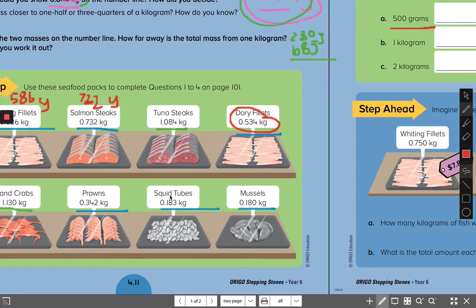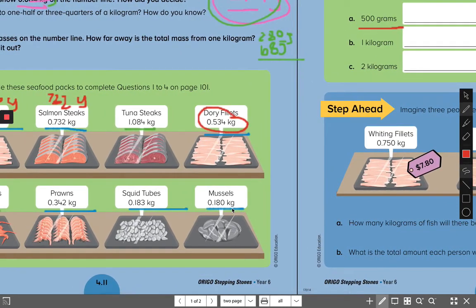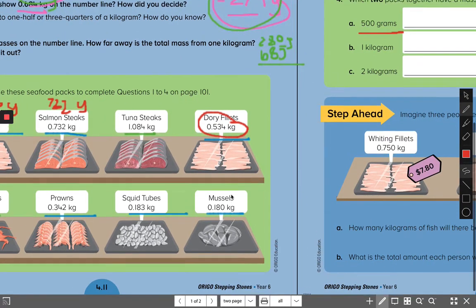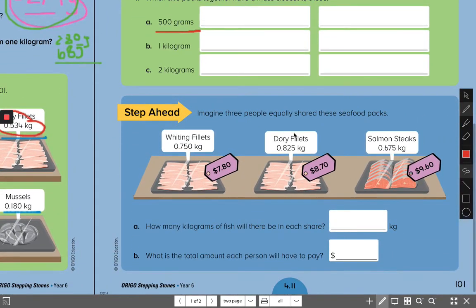I also can add squid tubes and mussels, and it will be something over 300, and will be maybe closer to 400. But I would say prawns and mussels will give us a closer weight to 500 grams. And then you can do the same with 1 kilogram, remembering it's 1,000 grams, and 2 kilograms is the same as 2,000 grams.